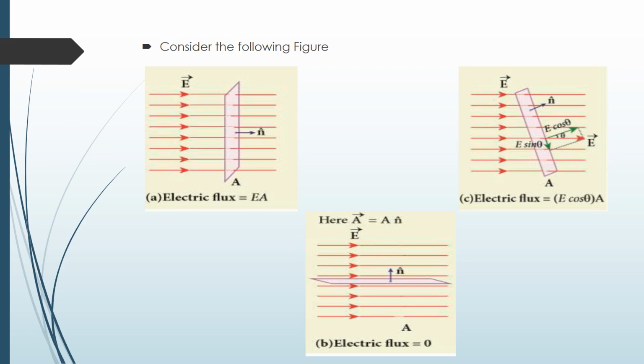The vertical component is parallel to the surface, and the horizontal component is perpendicular to the surface, and the horizontal component of the electric field and the direction of the area vector are parallel to each other. So in this case, we can say the electric flux is due to the horizontal component of the electric field. So the electric flux will be equal to E cos of theta into area A.